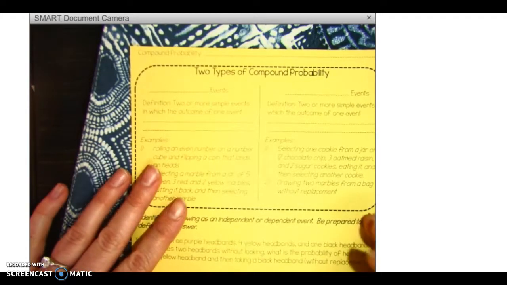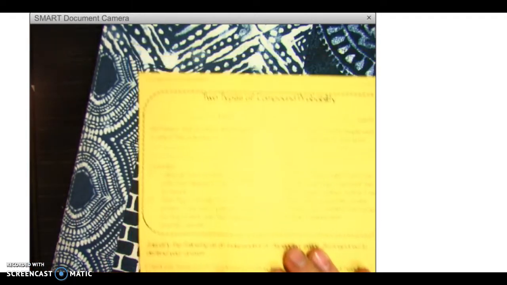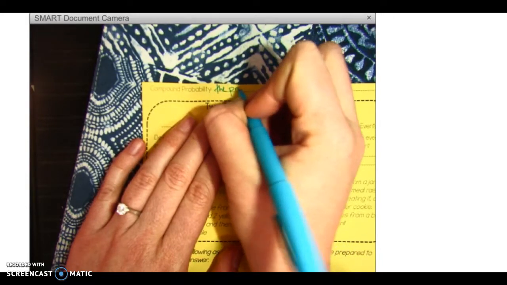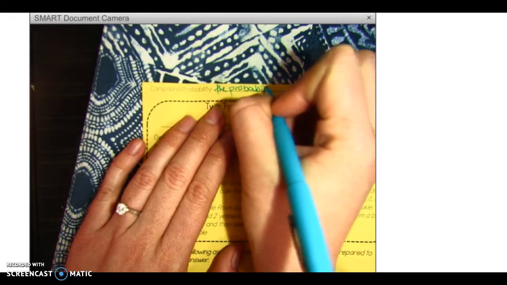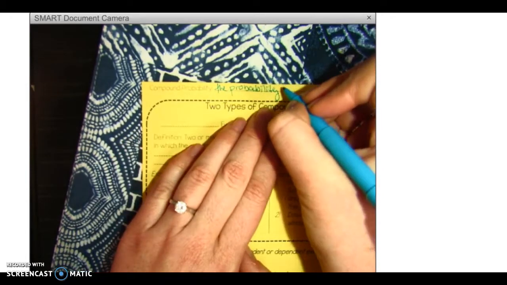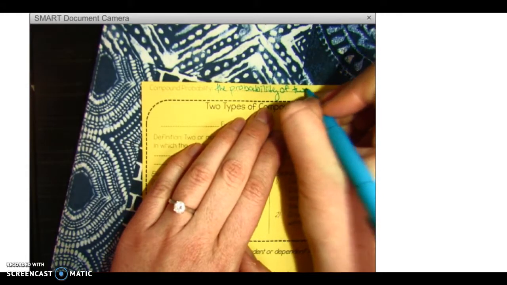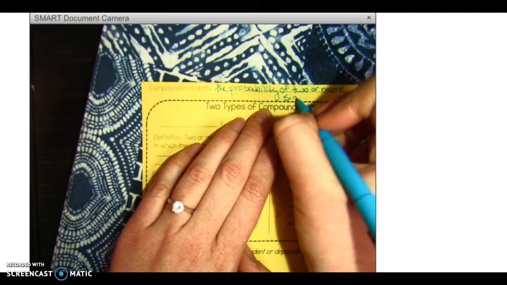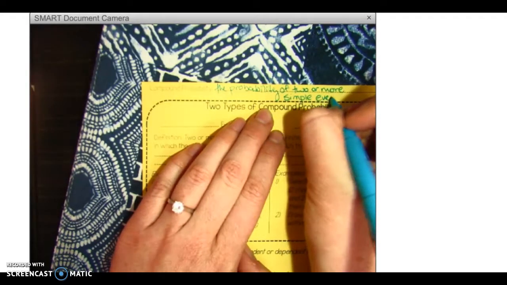All right, so we're going to talk about compound probability. Compound probability is the probability of two or more simple events.